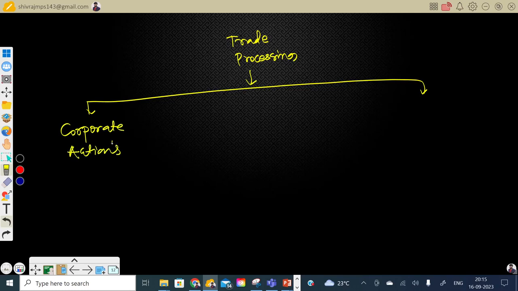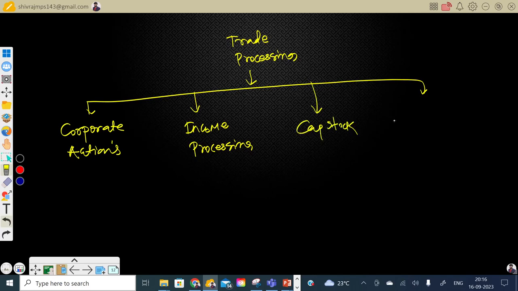Corporate action, income processing, right? So immediately there should be two teams, corporate actions and income processing. But apart from that, as someone said, the cap stock team would also be in the picture.